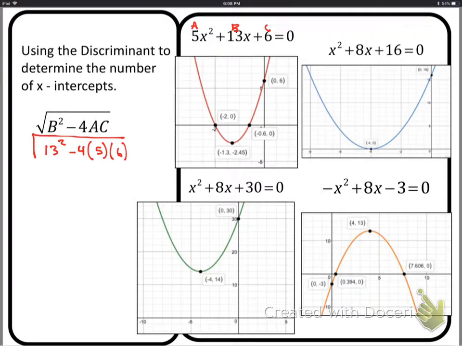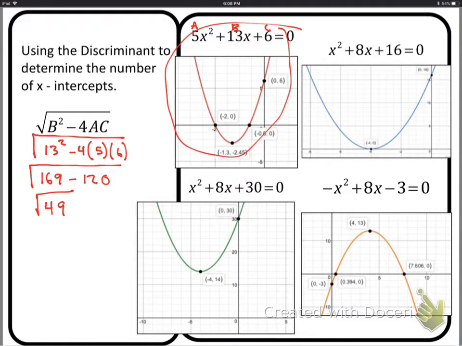We already calculated this when we did the quadratic formula. 13 squared was 169, minus 4 times 5 times 6, which was 120. So the discriminant here was 49. It was a positive number, so we had 2 x-intercepts. If you look at the graph, notice that we had our 2 x-intercepts there, and these are the 2 numbers that we got.